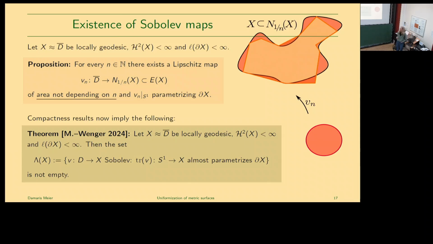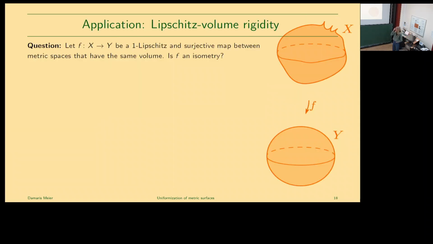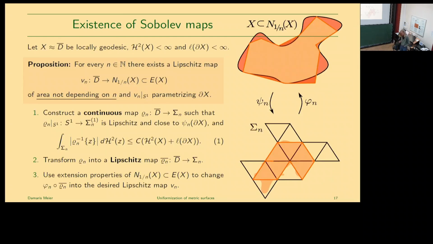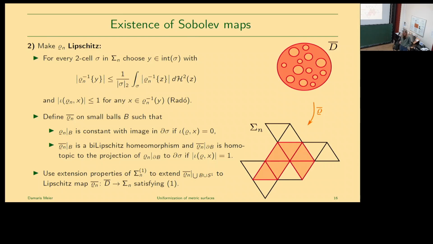So the application I want to talk about is in terms of Lipschitz-volume rigidity. In case you got lost, this is a very good moment to return. Can I ask, where do you use the local geodesic in order to define the first... I use it for having negative dimension 2.